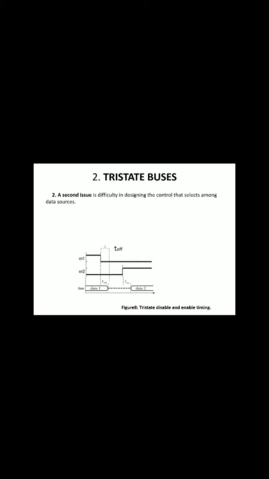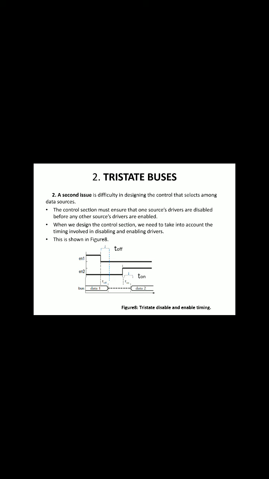You can see the time t off, meaning after enable 1 the data stays for some duration in an off state. The data during this period is called data float, which is nothing but the data floating.